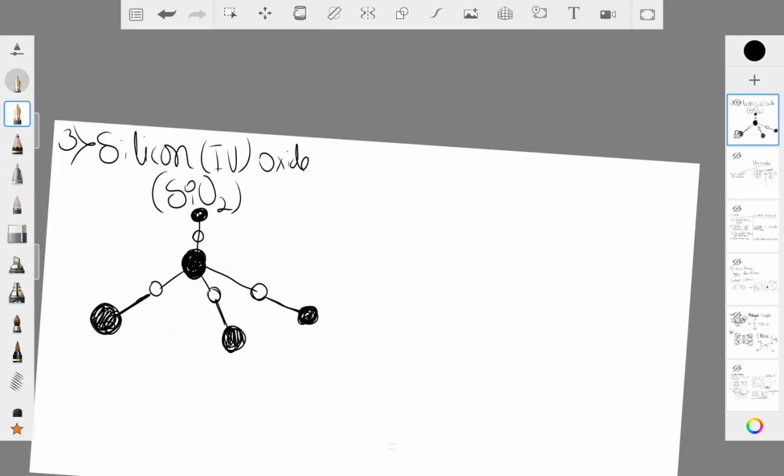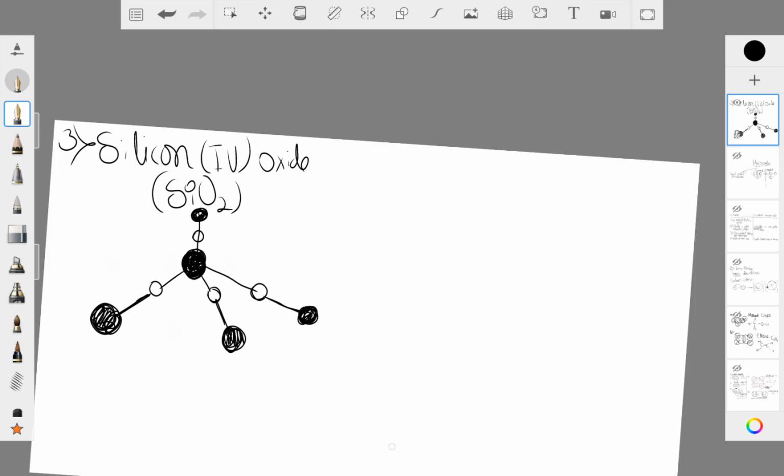Right. So the third macromolecule that the IGCSE syllabus requires us to look at is silicon dioxide, also known as silica, SiO2. Now, unlike graphite and diamond, silicon dioxide is an actual compound, whereas the previous two were just allotropes of carbon.